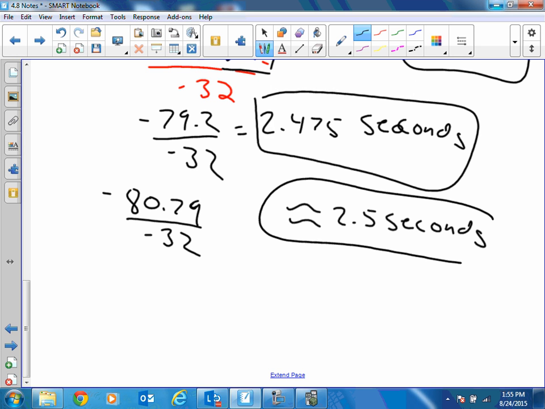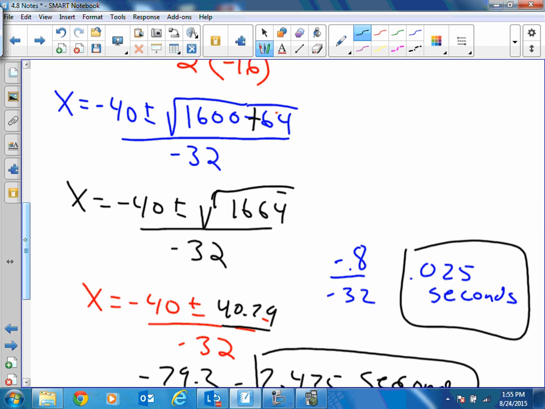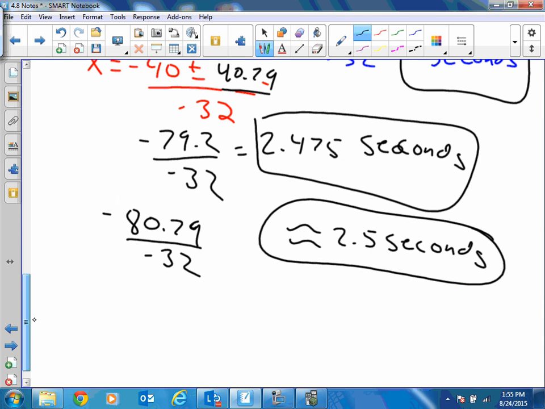The other one doesn't work because if you do negative 40 plus that, you end up with a positive, and then you do a positive divided by a negative, you end up with a negative answer. So, sorry I messed that one up.